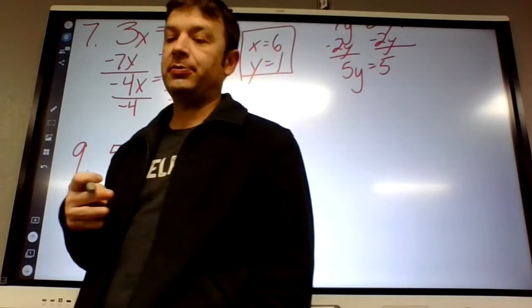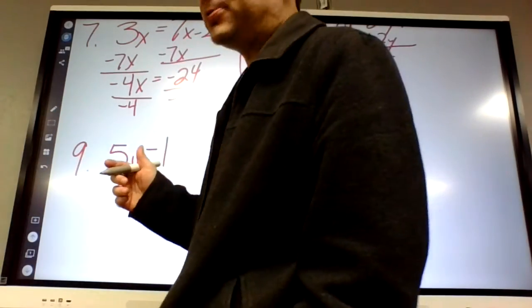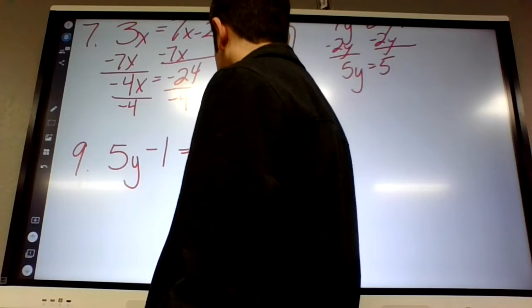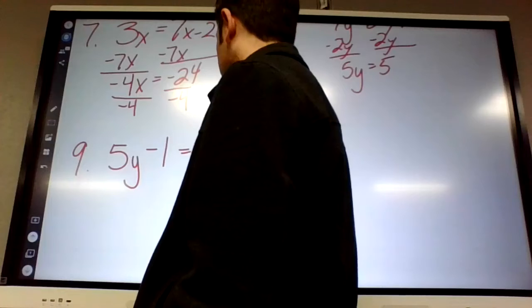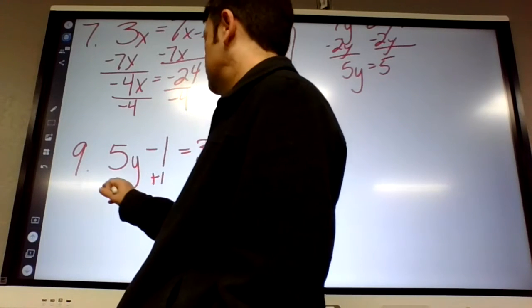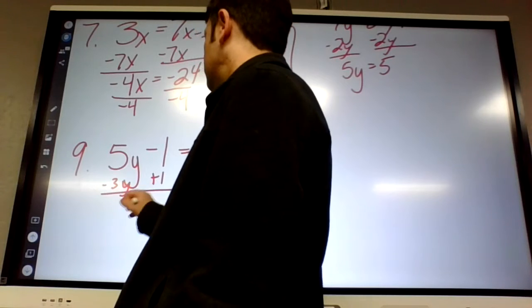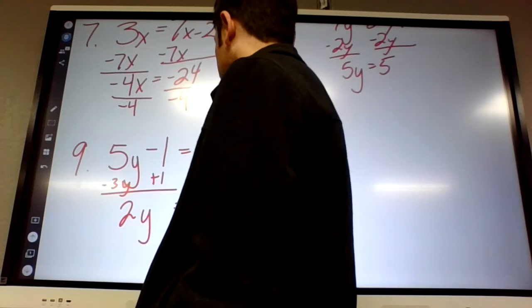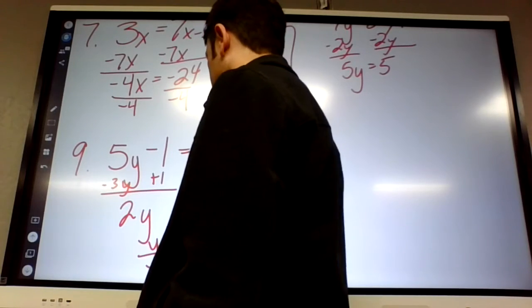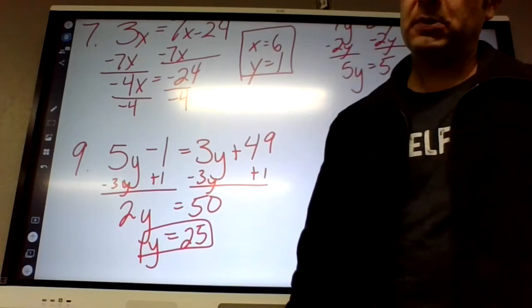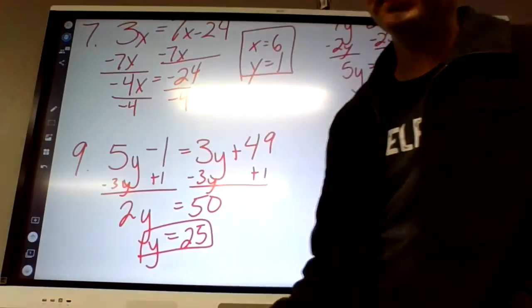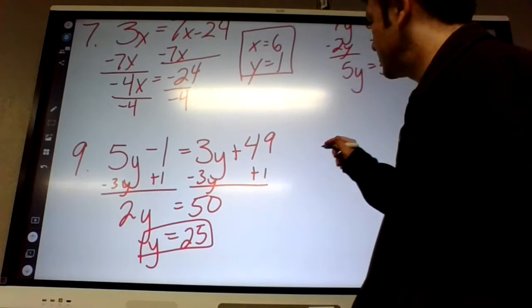The opposite angles are equal, yes. 5y minus 1 equals 3y plus 49. Show your work, Grant. I will. 4x equals 2x plus 28.